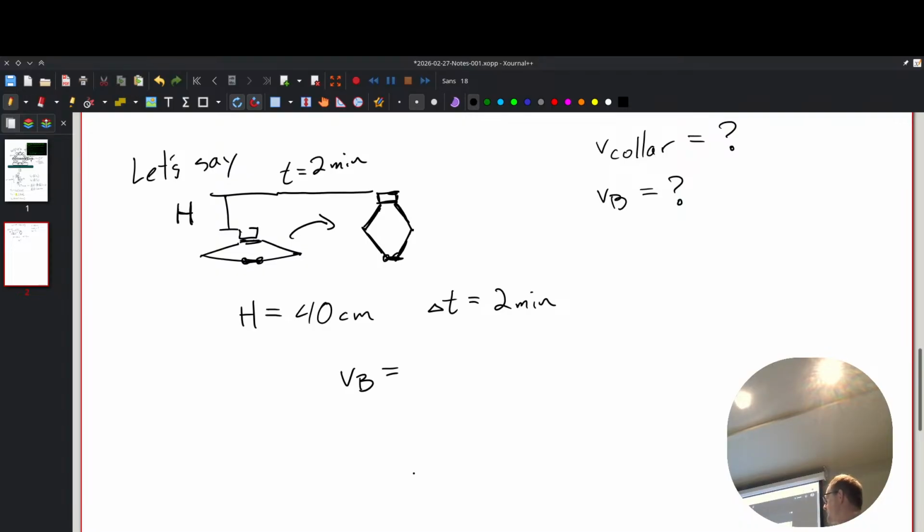All right, so how fast are we moving? Meters per second, because we've got to use meters, radians, seconds to get it back into math mode. 40 centimeters in 2 minutes. How fast are you moving?